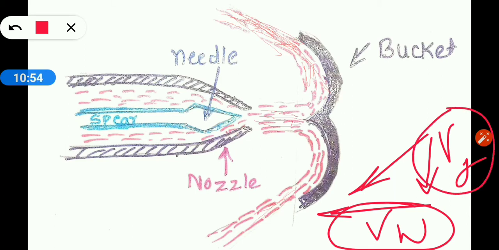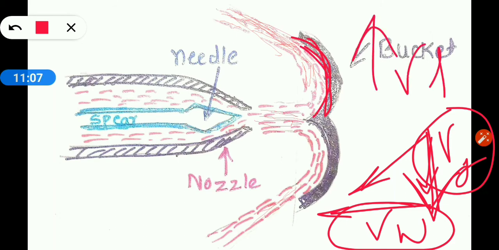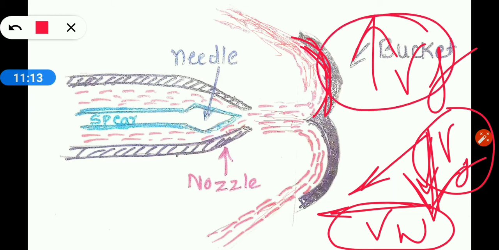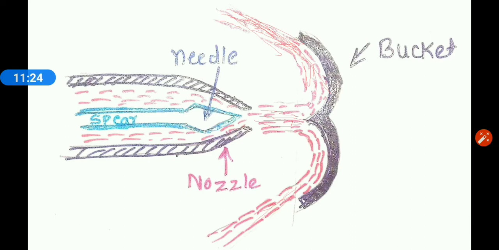If this Vf creates end thrust in the bottom direction, then because there is another half bucket, that half will create Vf in the exactly opposite direction. So this Vf and that Vf will nullify each other, nullifying the effect of end thrust. So that's why we are using these two cups.